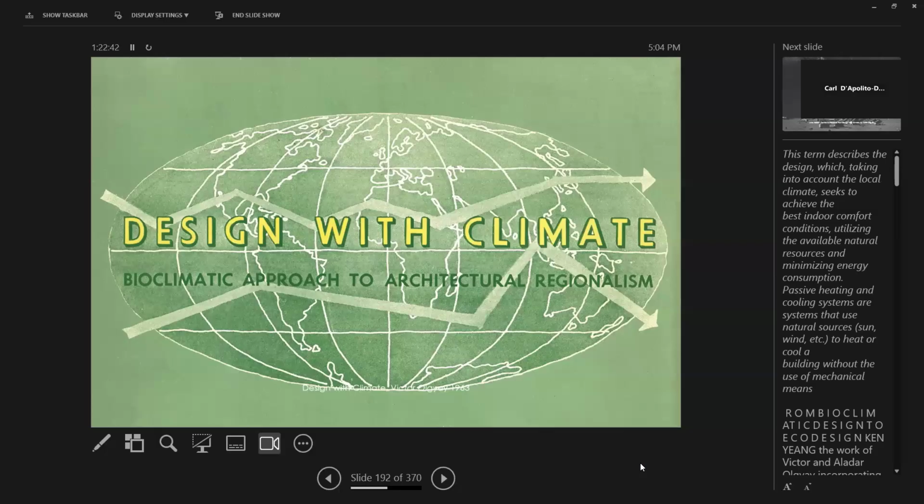So Kenneth Frampton was very influenced by these people, by Victor Olgyay, and some of his ideas about critical regionalism and adapting modernism to the local situation don't only have to do with construction and tectonics, but with this idea as well. So that's the other side of modernism, from the side that became the international style and the skyscraper and the air conditioner. It's the side that was represented by these people.